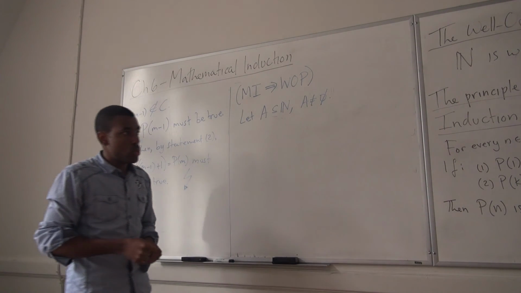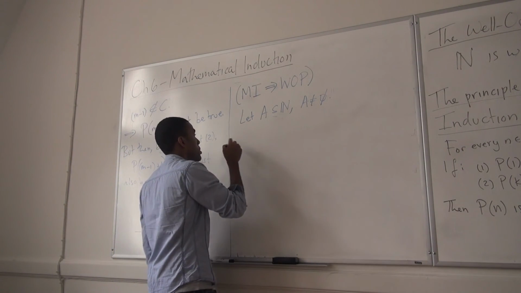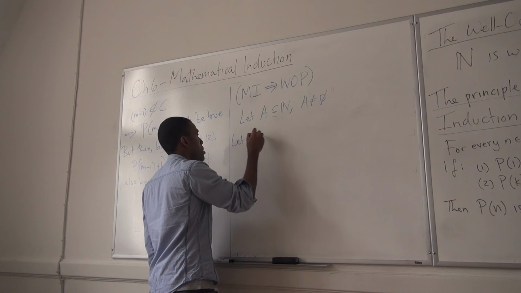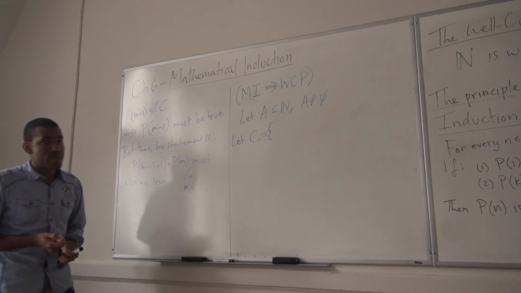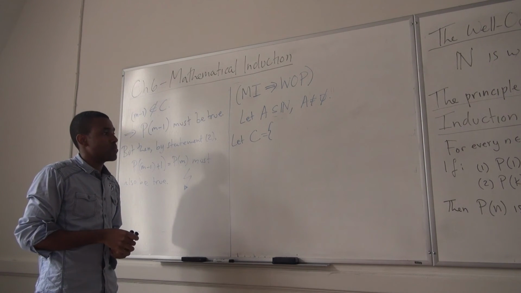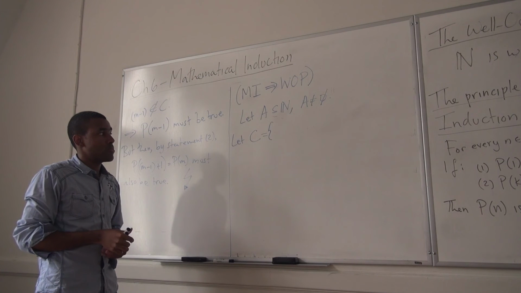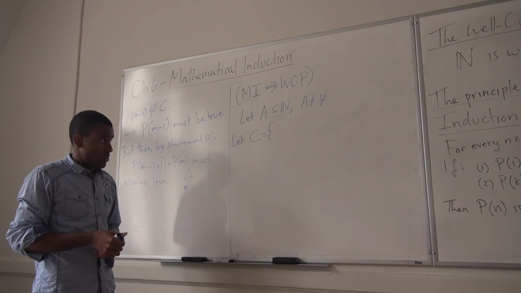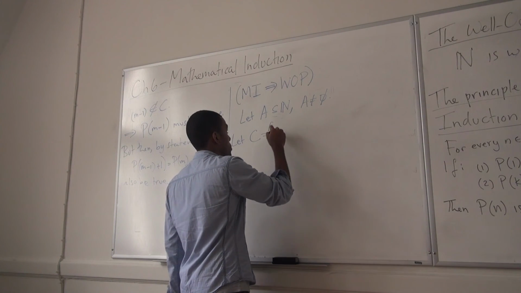And let's actually create another set C. Now let's make C an appropriate set. What do you think you want C to measure? All elements such that P of n is true?